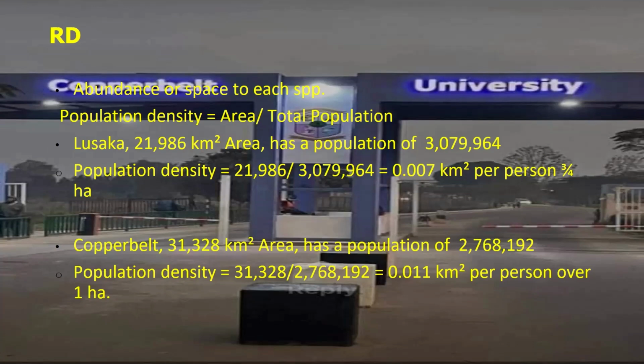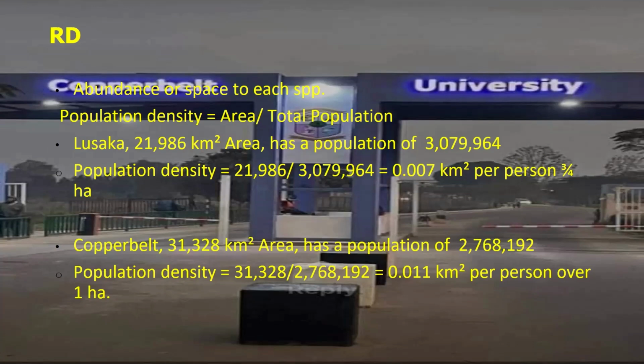Relative density. So relative density, basically, we are talking about the abundance of species or space that is available to every individual species. We tend to calculate the population of people living in a specific area according to the population density.